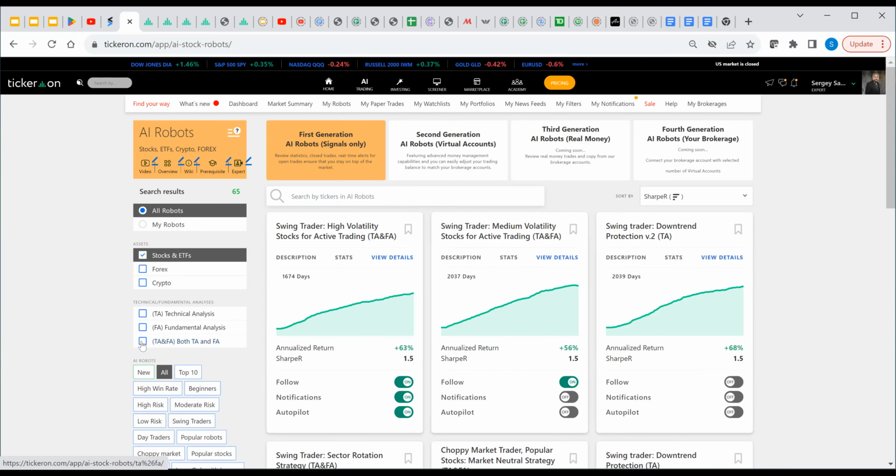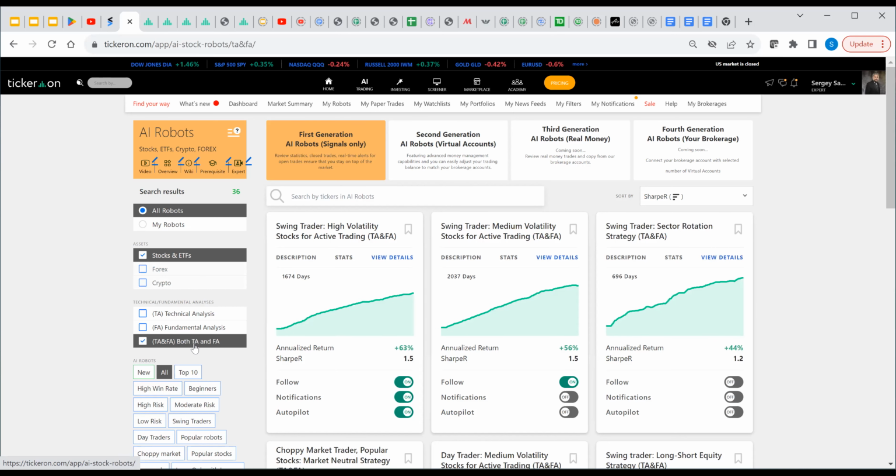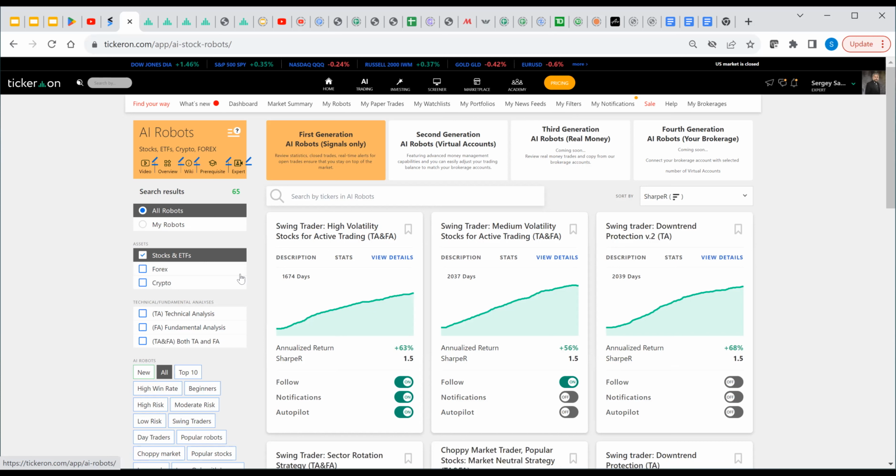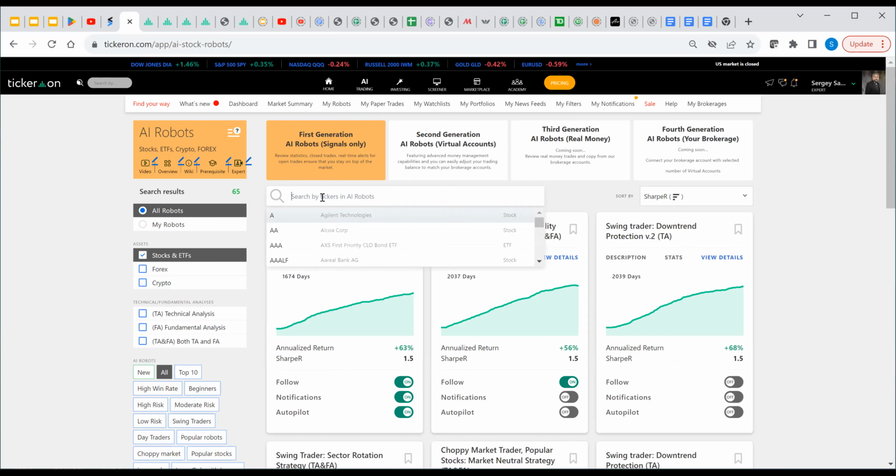These are based on both technical analysis and fundamental analysis, okay? Now, the next feature is, let's unclick it, so we have all of them. So these are all.